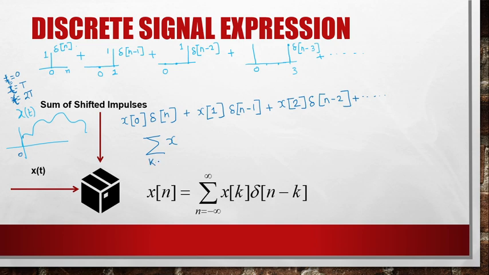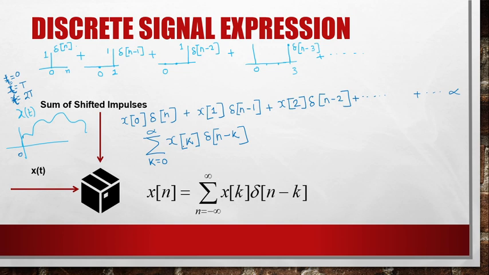If it is starting from k equal to 0, this will be my k: xk, x0, x1, x2. And what will be the value here? It will be delta n minus k. Understand? And it will go up to infinity, so I can take the value of k up to infinity.